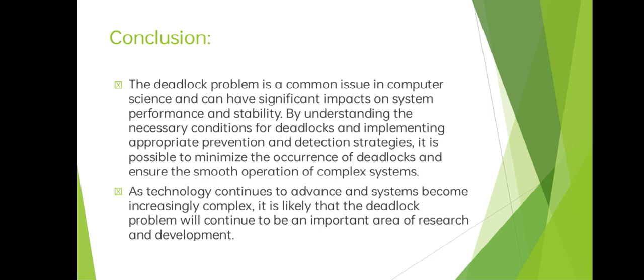And in conclusion: the deadlock problem is a common issue in computer science and can have a significant impact on system performance and stability. As we have seen, the results of deadlock can be system crash, low performance, and data loss. By understanding the necessary conditions for deadlocks and implementing appropriate prevention and detection strategies, it is possible to minimize the occurrence of deadlocks and ensure the smooth operation of complex systems.